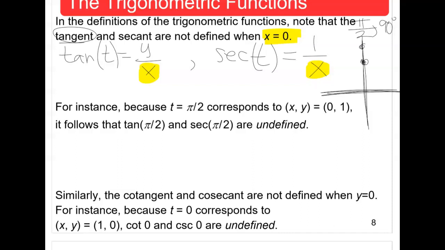But also it did happen at 3 pi over 2 or 270 degrees. So at those 2 points, we will just simply answer and say that tangent is undefined.